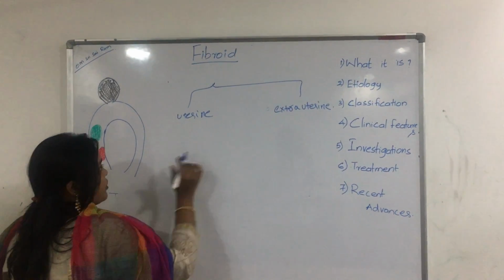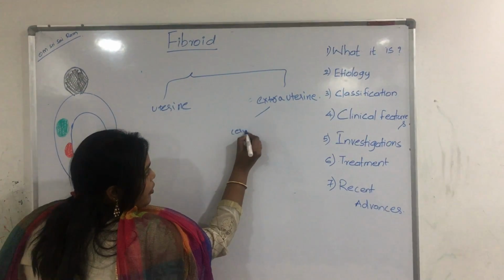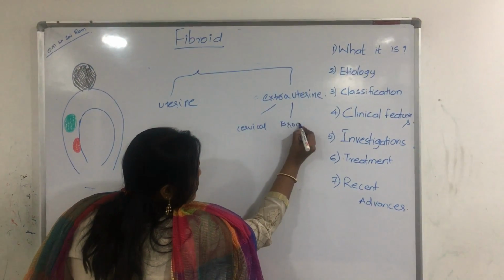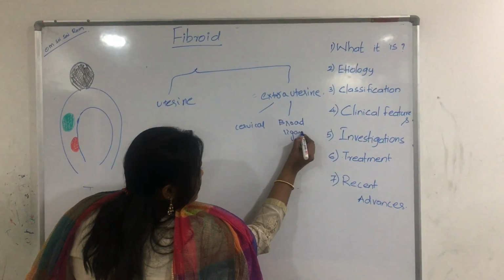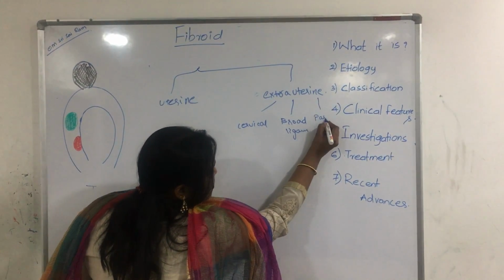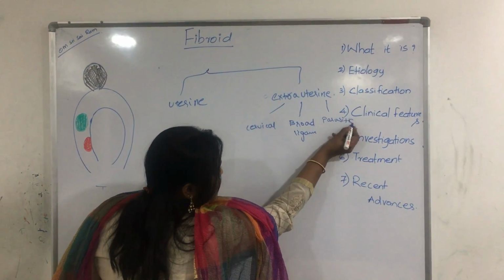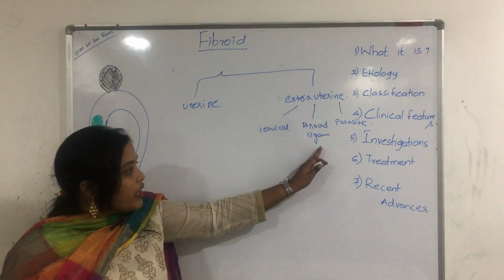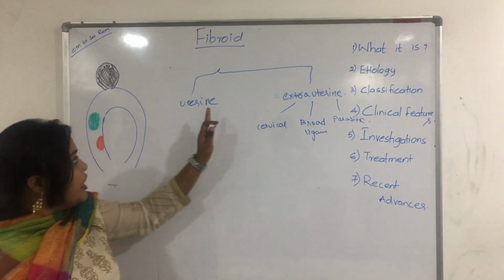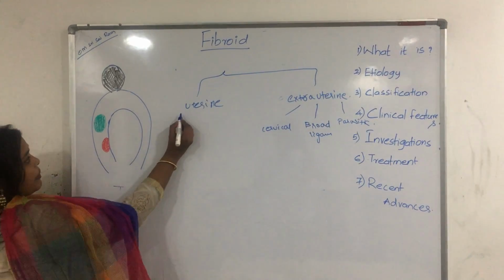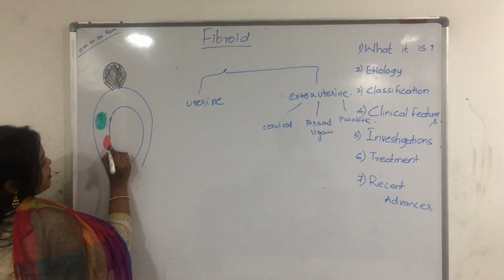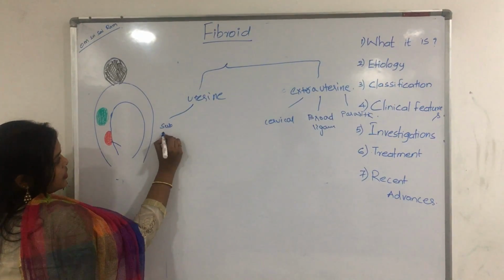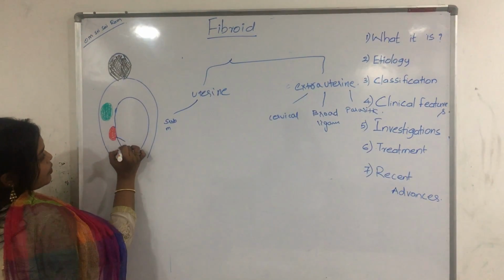Extrauterine is outside the uterus, so it can be a cervical fibroid, a broad ligament fibroid, or parasitic, somewhere in the abdomen. In the uterine type we mainly have three kinds. We have the submucosal fibroid, which is just beneath the mucous membrane.